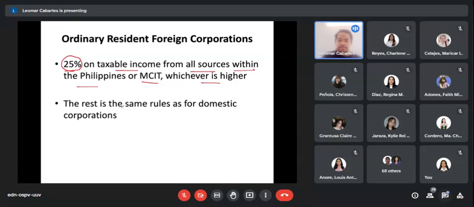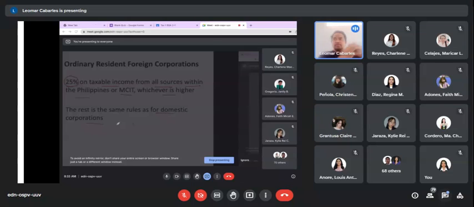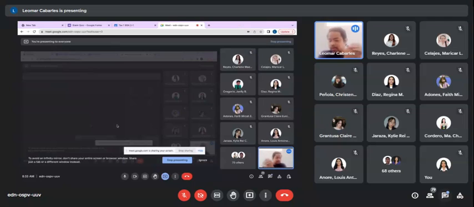So the rest is the same rules as for domestic corporations. So ang pagkakaiba lang ng ordinary domestic corp versus ordinary foreign corporation, the 20% tax rate doesn't apply. The income subject to tax is yung within the Philippines lang. Okay, for ordinary resident foreign corporations. But the rest is the same.